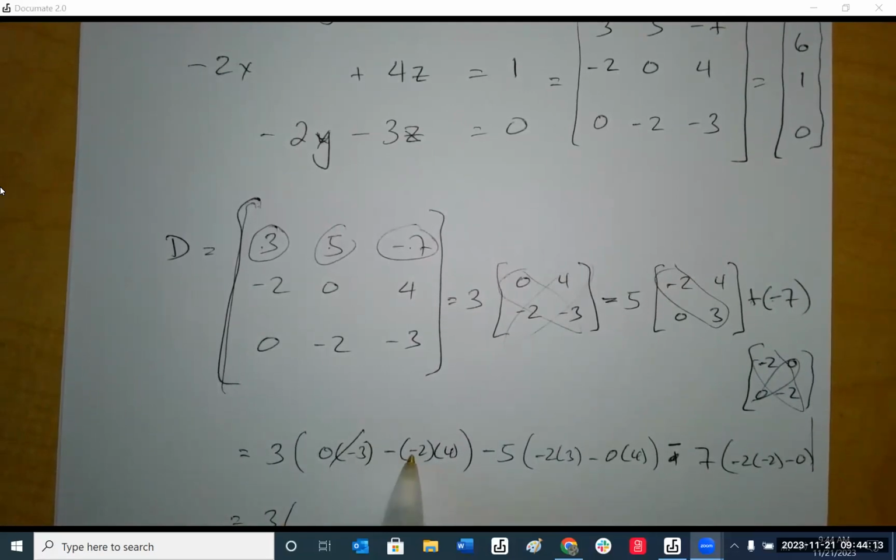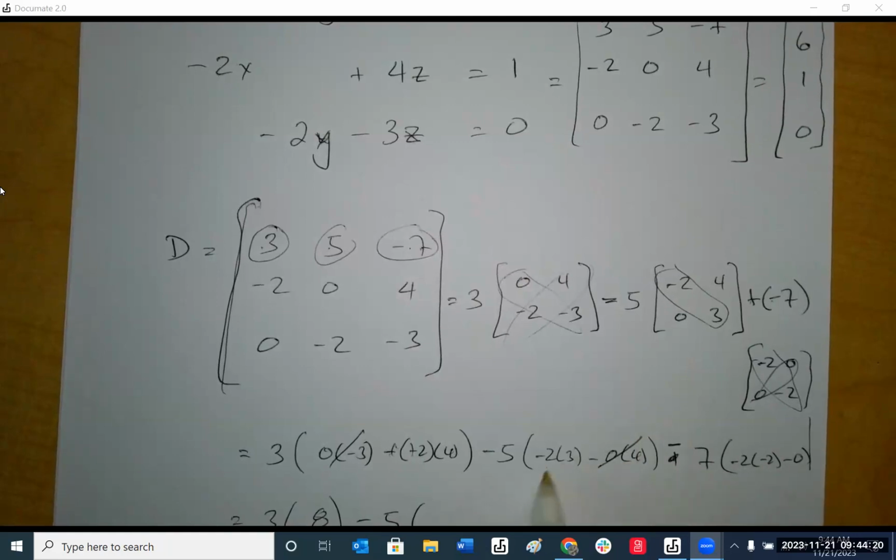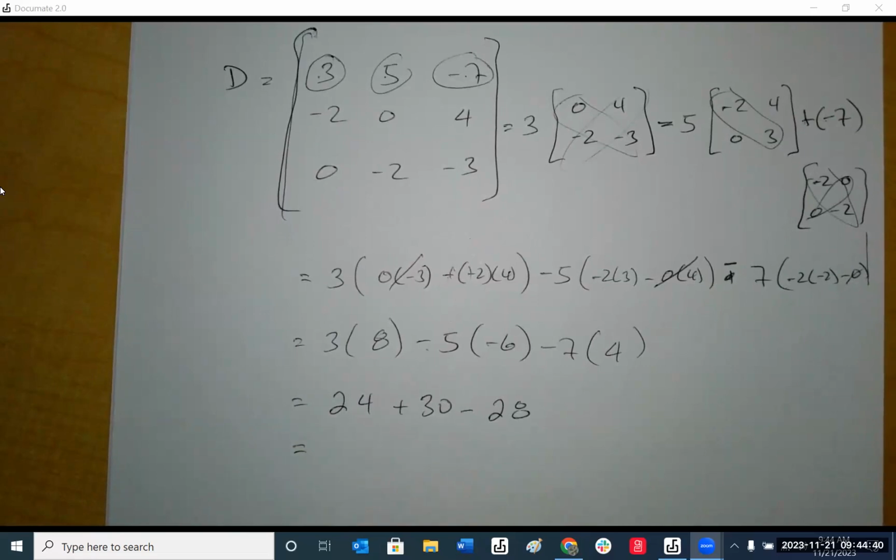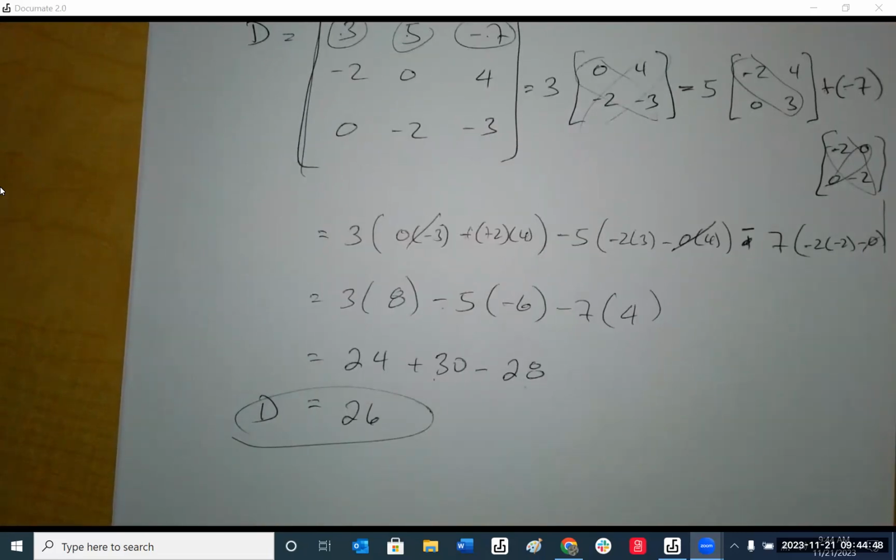That's 0, positive. So it's 8. That's 0, so it's -6 inside there. Negative and negative is positive 30, minus 28. 30 minus 28 is 2, plus 24 is 26. And that's how you do it.